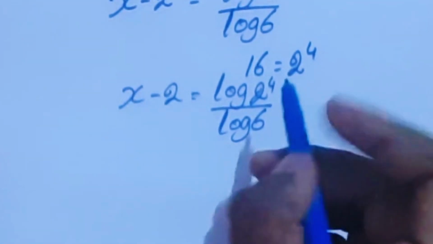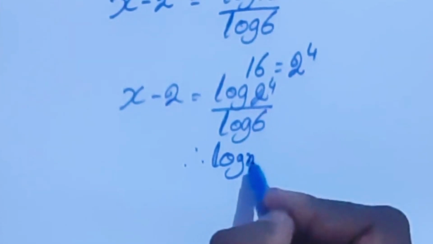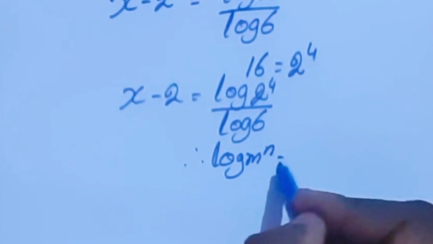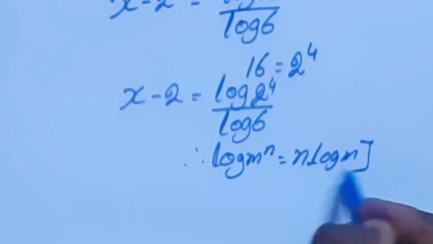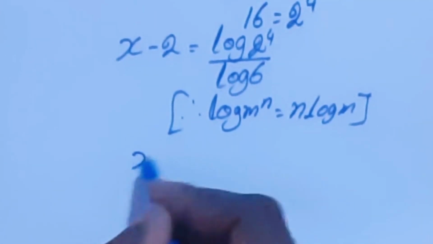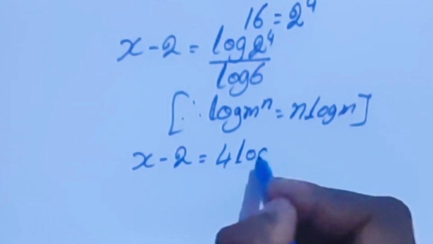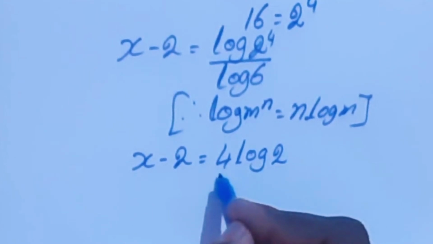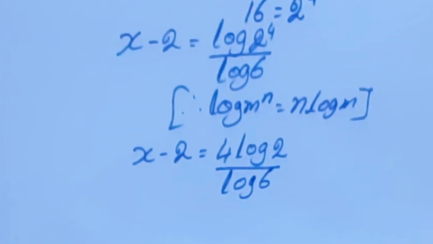Now here we are going to apply the log power formula that we have already applied. Log m power n equal to n log m. So x minus 2 equal to 4 log 2 by log 6.